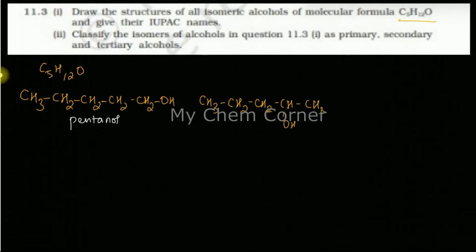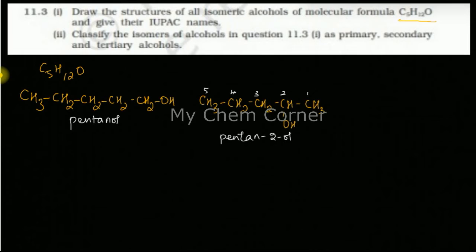Now over here, when I try to name this, I'm going to start from here 1, 2, 3, 4 and 5. Same structure, all that I've done is push the OH to the second position. So the name here can now be pentan-2-ol.